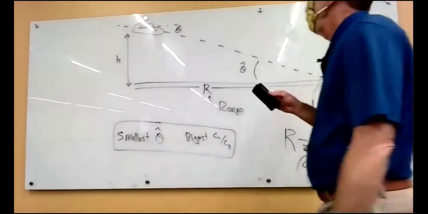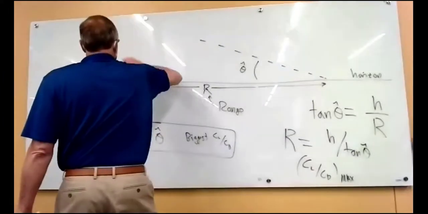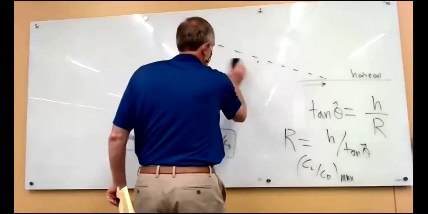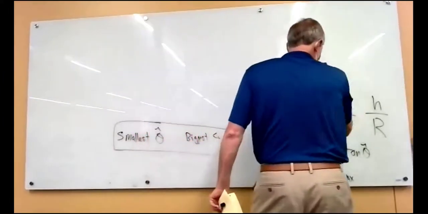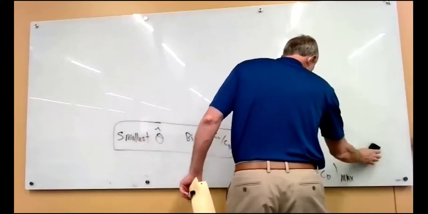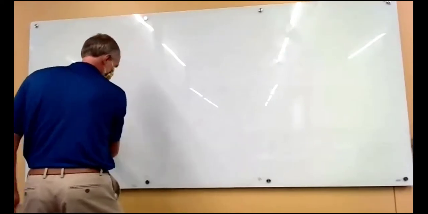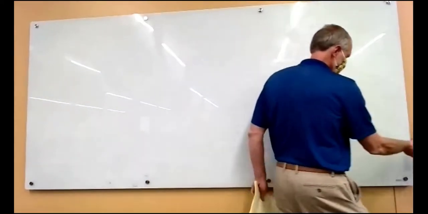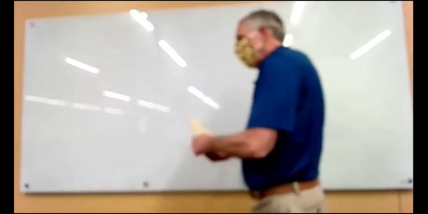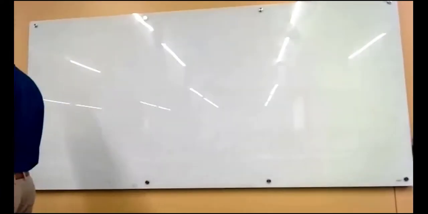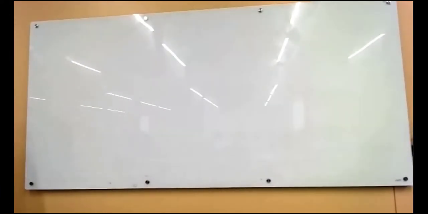Although I'll show you it's not that big a deal either. And again, all this sounds like an academic exercise unless you want to know how far you can glide and whether you can make it to a runway or not.